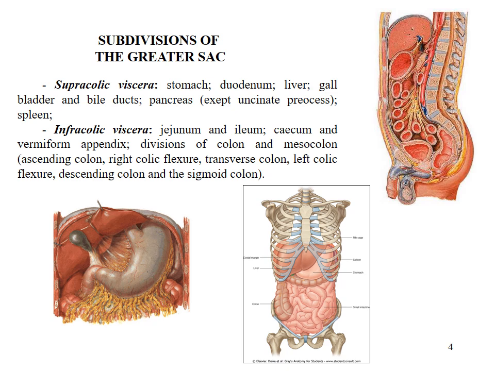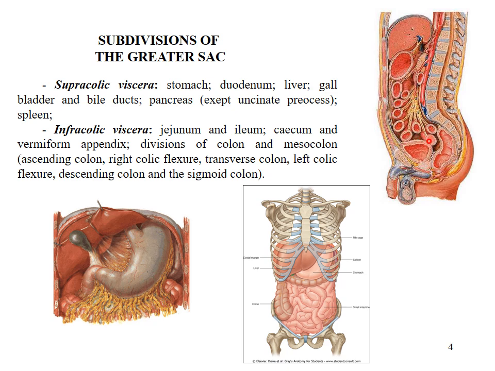And the pancreas, except the uncinate process, is in the supracolic compartment, and these are the supracolic viscera.